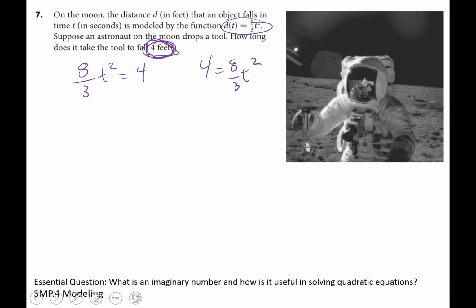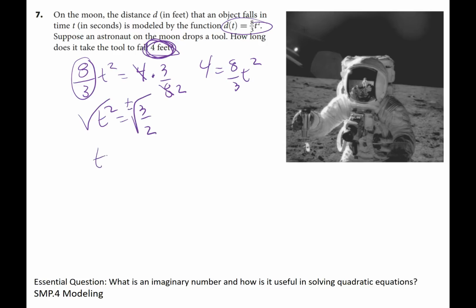I need to get this to the other side, so I'm going to multiply by the reciprocal. And the nice thing about that is 4 goes into 8 twice. So I've got t squared equals 3/2. I'm going to undo the squared by taking the square root, put a plus or minus in front. So now this time, I can't do anything with it, there are no square numbers, so I have to rationalize.